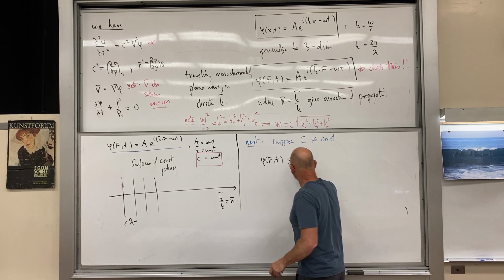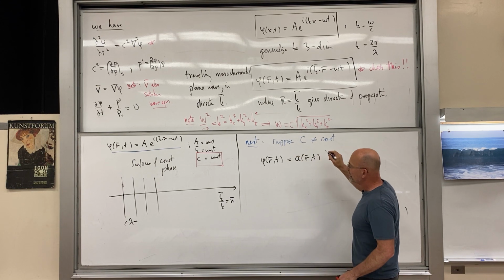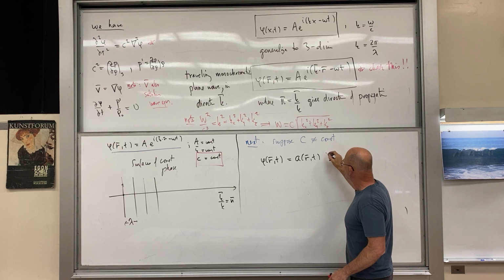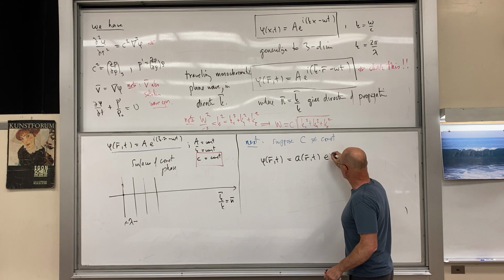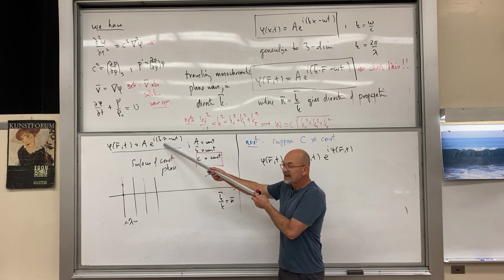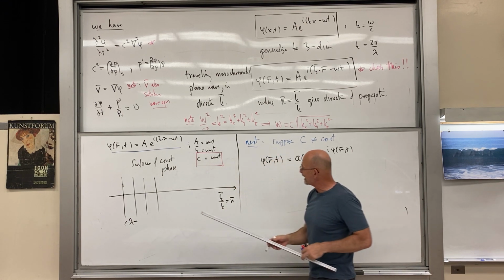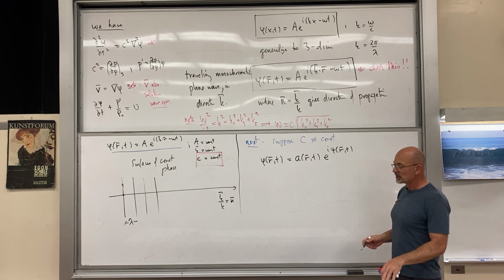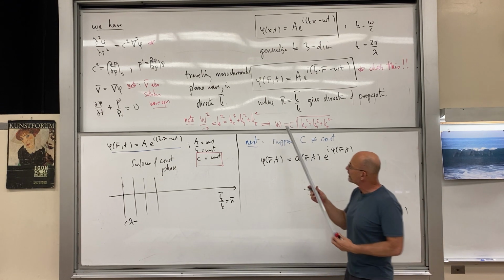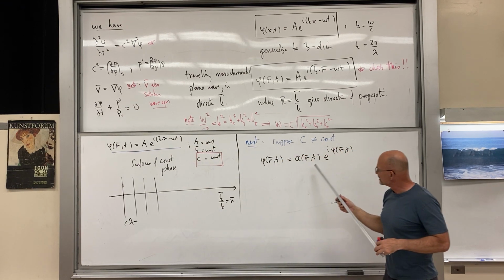So suddenly we're looking at an amplitude, lowercase a of r and t, and e to the i times c of r and t. I no longer have this constant k, and no longer have a constant amplitude. So if I go into the wave equation with this, I'm going to get a very complicated set of equations.